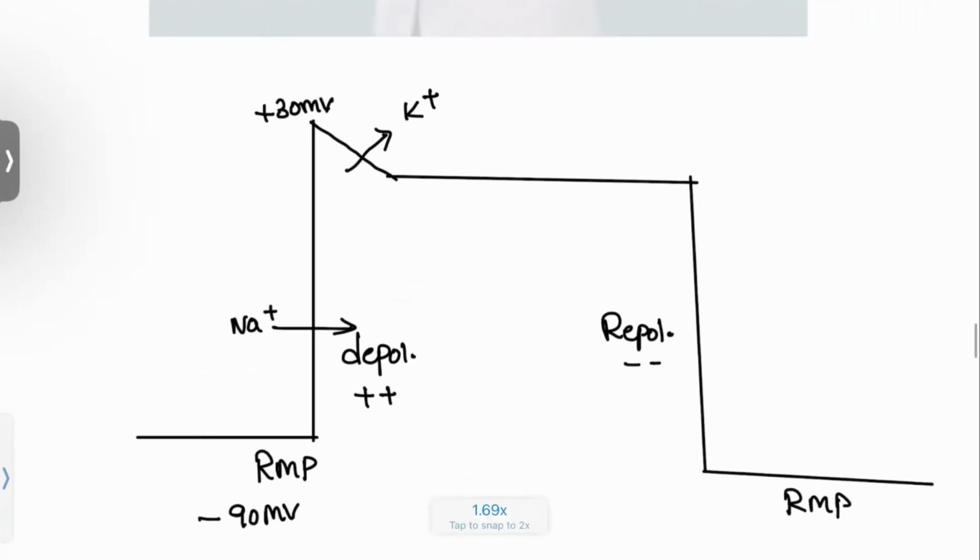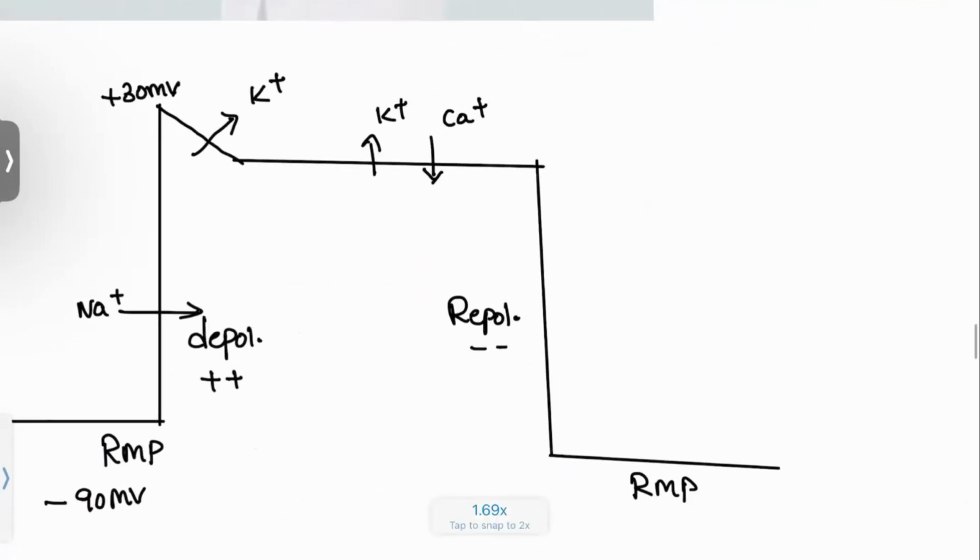After that, at some point, calcium will go inside the cell. This is the calcium influx. And here the potassium is still going out. Potassium efflux and calcium influx both maintain the cycle, and this is known as the plateau phase. After that, the potassium slowly goes out, causing repolarization, and the resting membrane potential is reached at minus 90 millivolts.